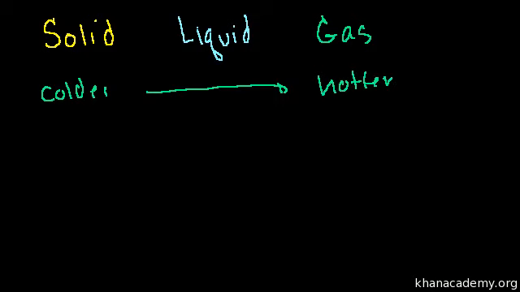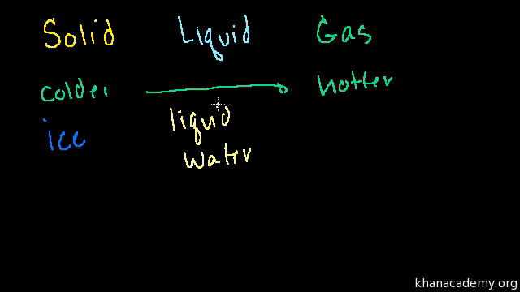And in the case of water, when you're a solid, you're ice. When you're a liquid, some people would call ice water, but let's call it liquid water. Liquid water, I think we know what that is. And then when it's in the gas state, you are vapor or steam.